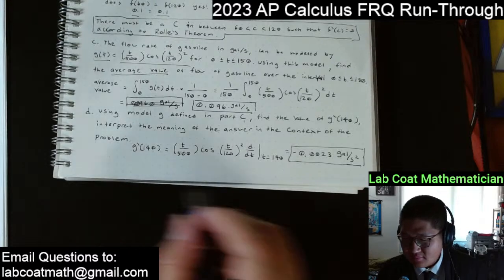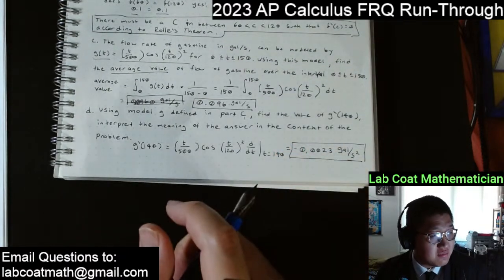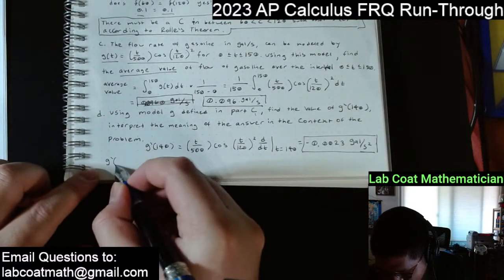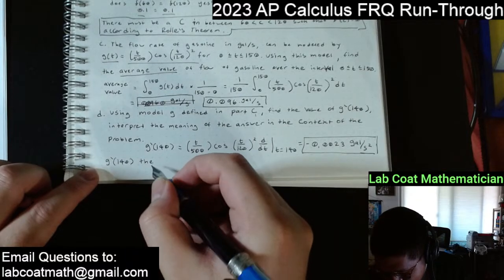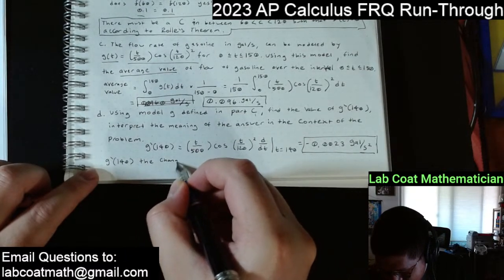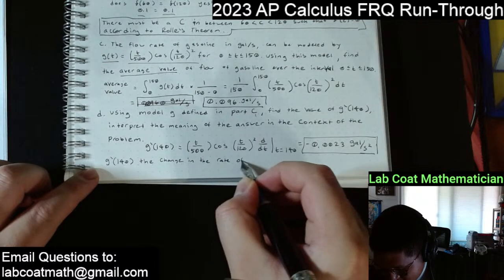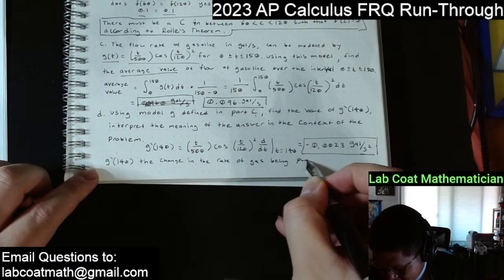All right, so if we want to explain in the context of the problem what that means, the G prime of 140 would mean the change in the rate of gas being pumped.